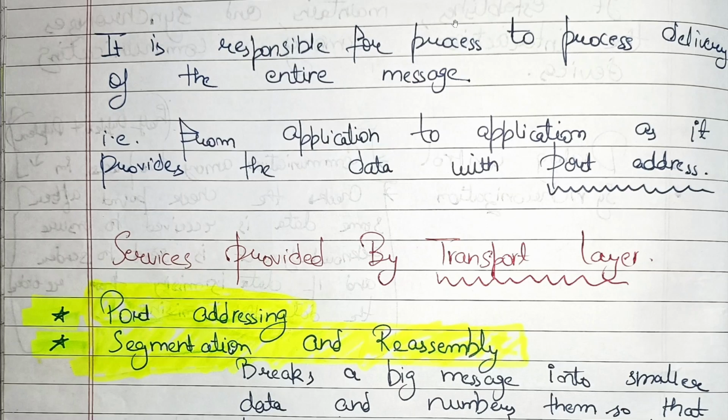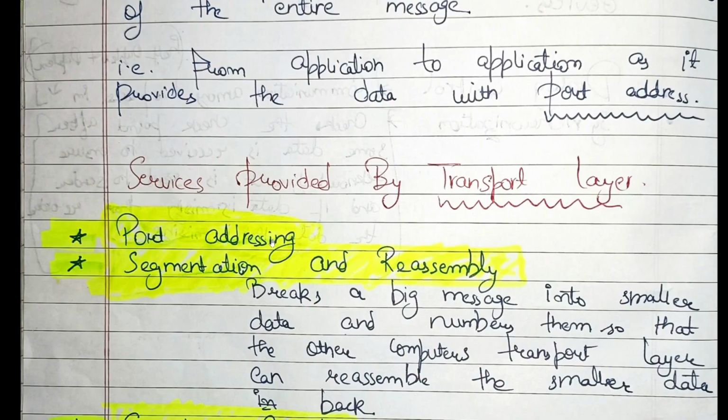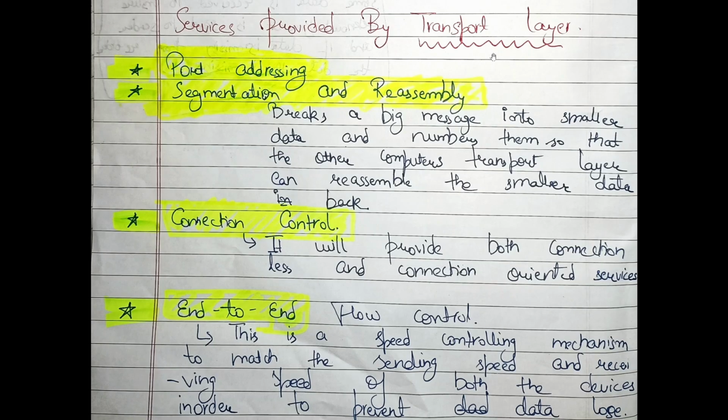So it is responsible for the communication between application to application, that is process to process delivery of the entire message. Now services that this transport layer provides, it is quite an important layer of this OSI model. The first service is port address, as you already know.